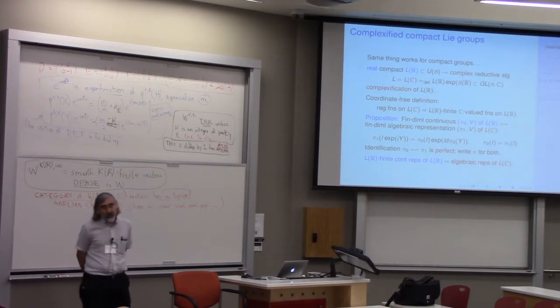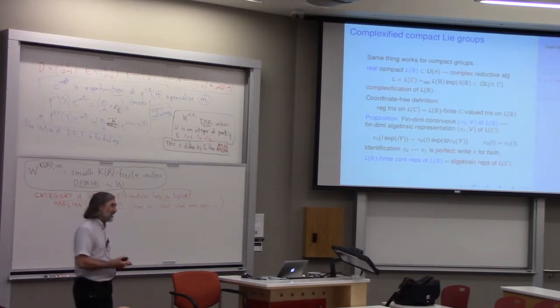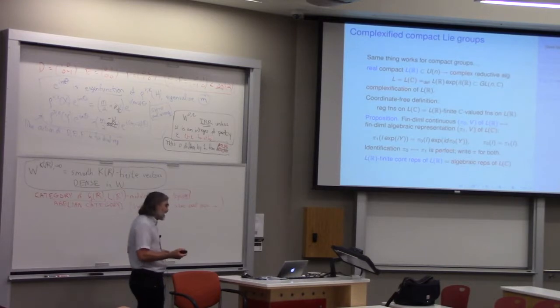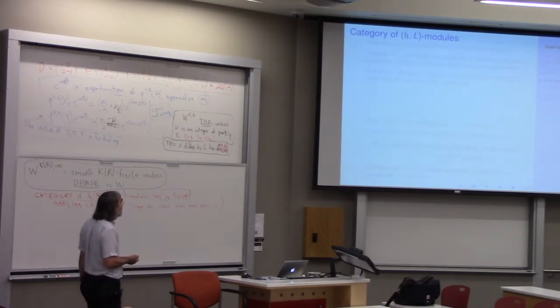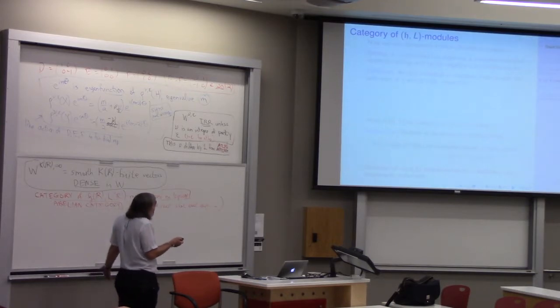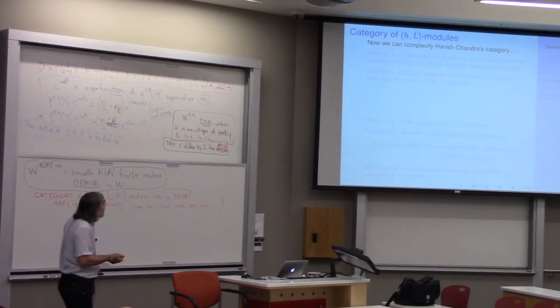Okay, so we know how to complexify the notion of Lie algebra representation. We can complexify the notion of compact group representation. So now we can complexify these H of R, L of R modules.